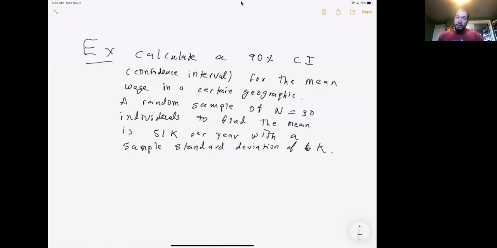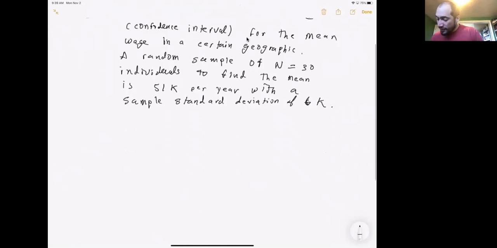Okay, so our job is to find 90% confidence intervals, and there are two forms of a confidence interval. I want you all to tell me what are the differences between the two forms for a confidence interval on the mean.